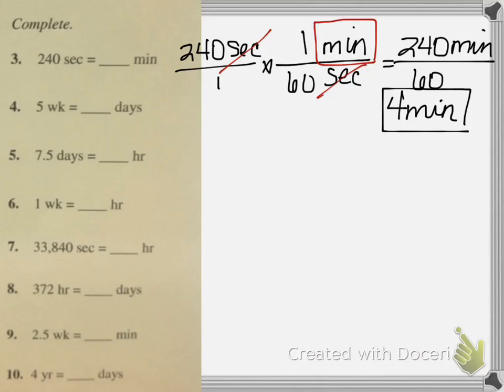Now let's look at number 5. 7.5 days is how many hours? Again, let's start with what we're given. So 7.5 days over 1. We do have a direct correlation between days and hours.